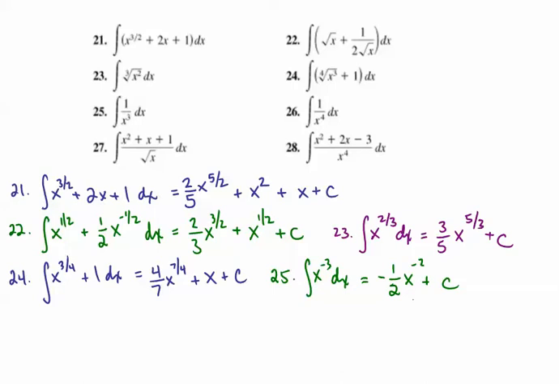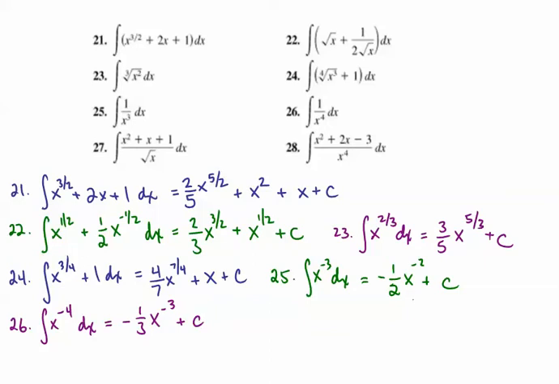Number 26. You have the integral, we'll rewrite as the integral of x to the negative 4th dx, and so that would be x to the negative 3rd over negative 3, or negative 1/3 x to the negative 3rd plus c.